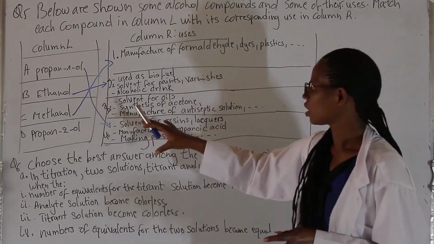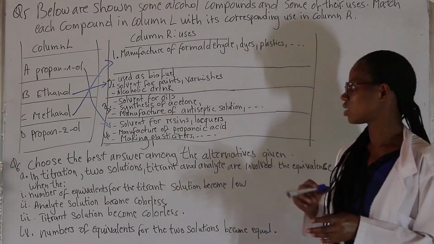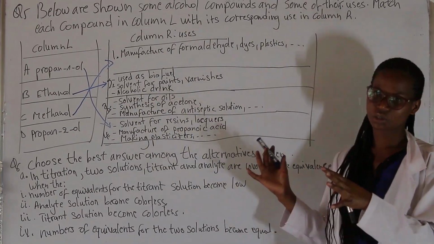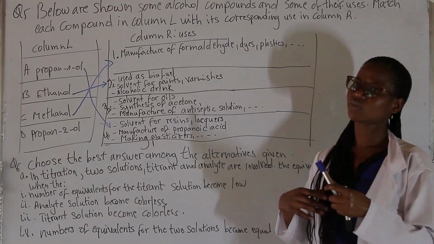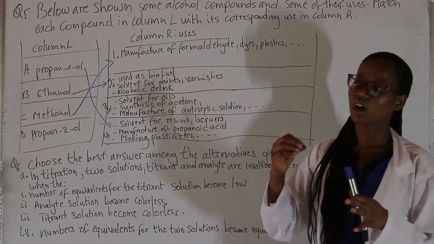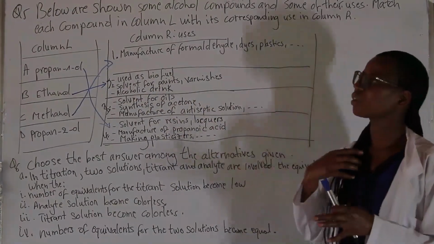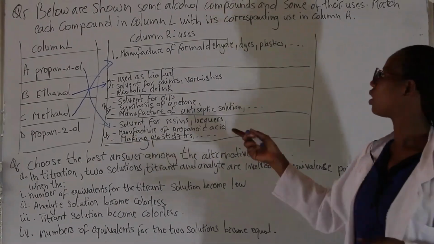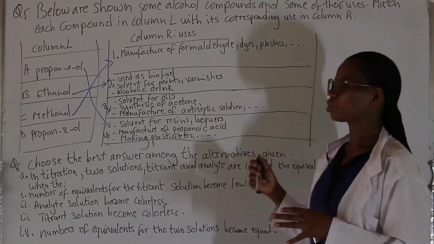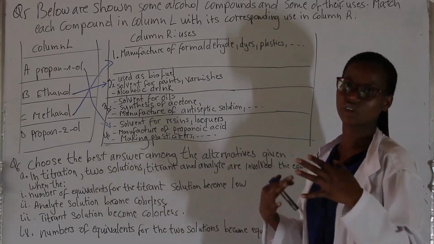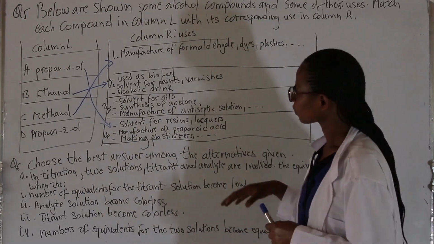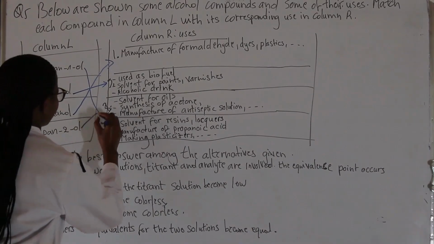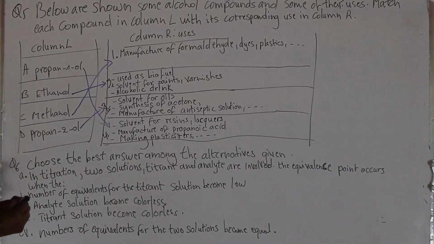Also, it is used in the manufacture of antiseptic solution. Antiseptic solutions are those which can be used to prevent bacteria and infection. It means those antiseptic solutions can be used in cleaning or in health. This means D can be matched with number 3.